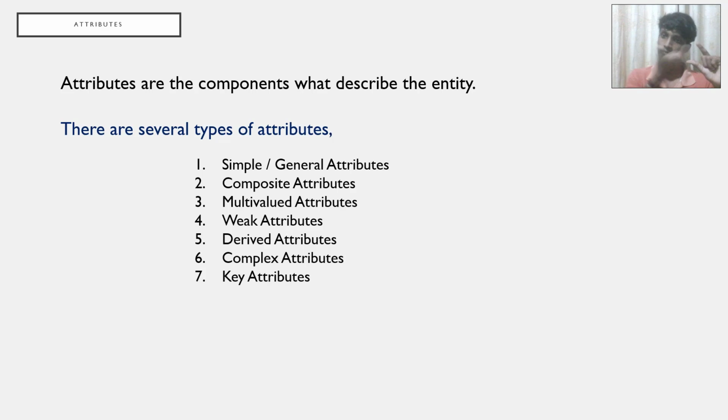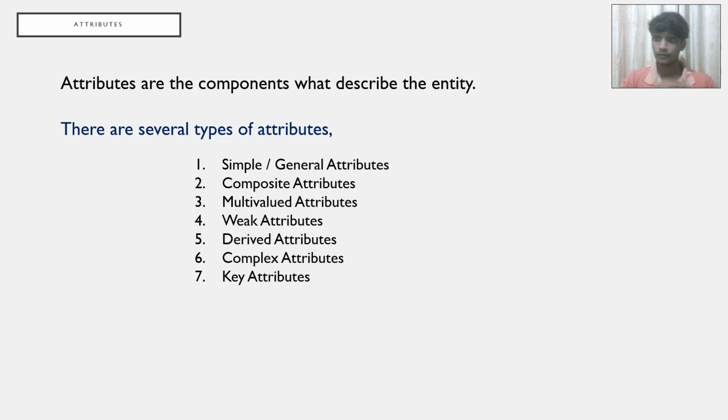The address again describes the student entity. Likewise, the components that describe a corresponding entity are known as attributes. The attributes are the components that describe the entity. It's a very simple definition.